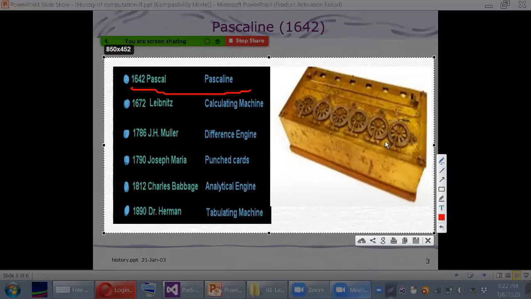Each of these drums consisted of 0 to 9 digits. So these 0 to 9 digits are in every wheel, in every drum, and each drum has a scale from 0 to 9.